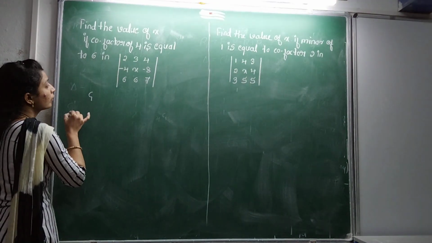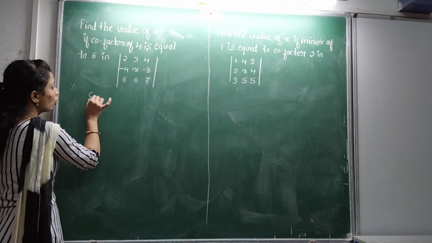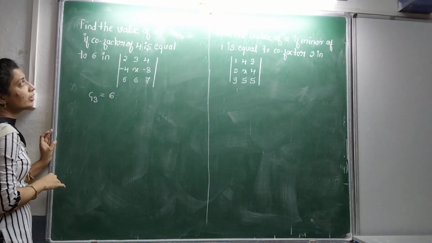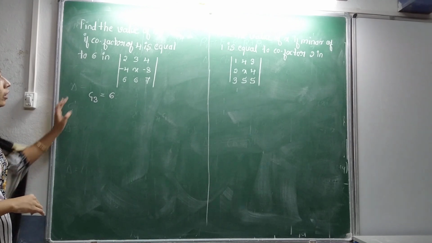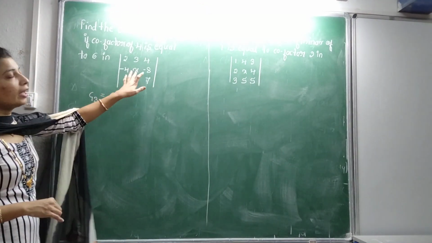C13, first row and third column, with the value 6, because it is already given that the cofactor of 4 is equal to 6 in this given determinant, and we have to find the value of x.